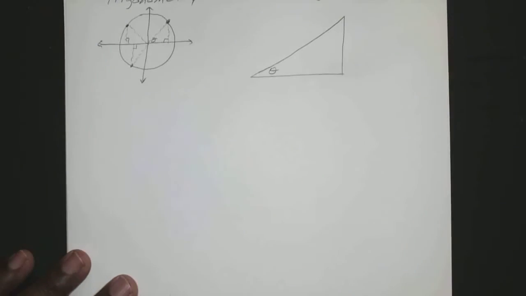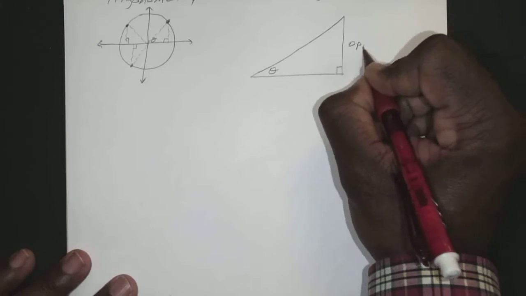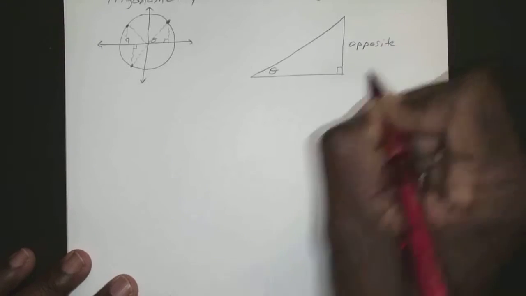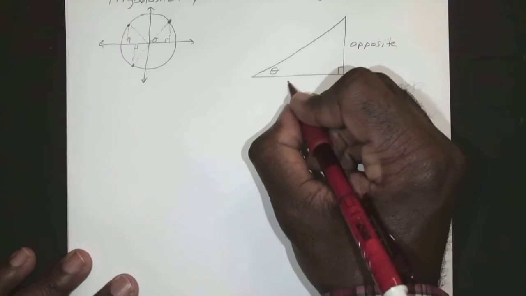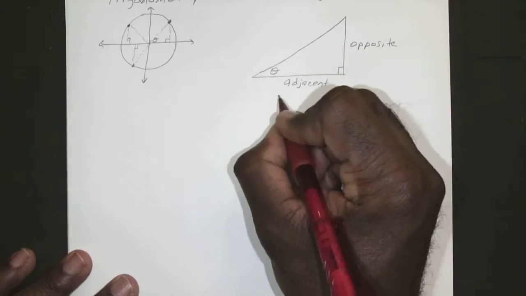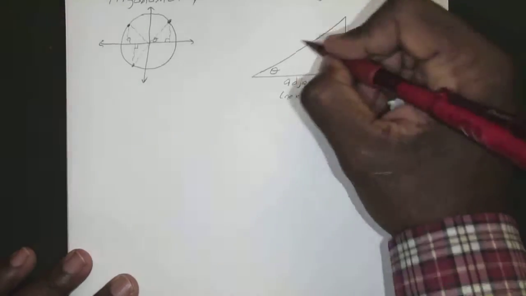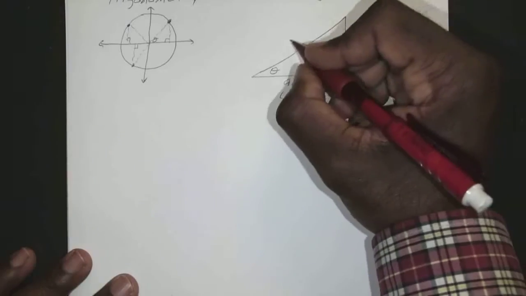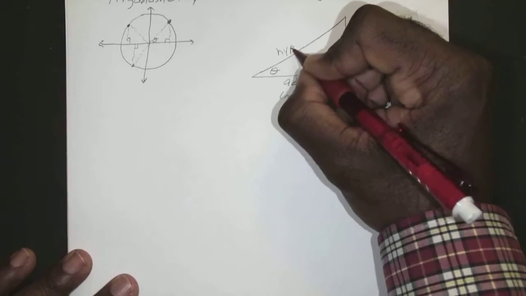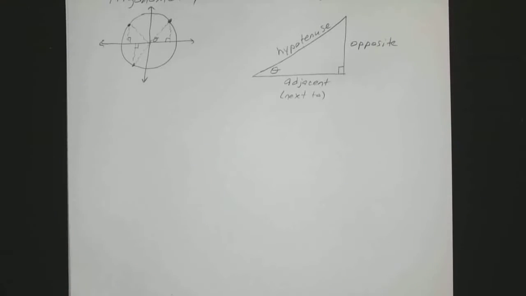So if that's our theta, we'll call this our opposite. We call this our adjacent, which just means next to. And this point across from your right angle is the hypotenuse.